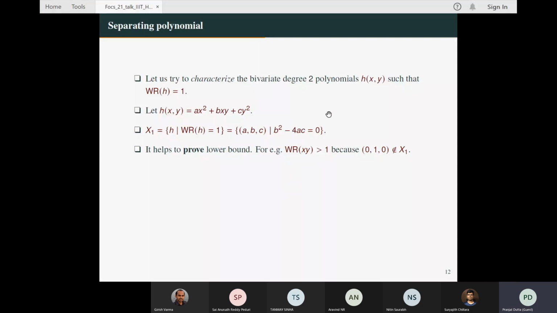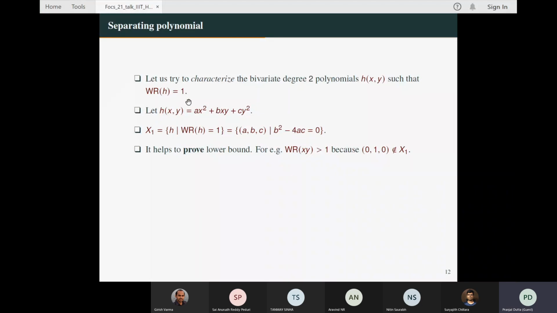It's very trivial to show that; you can just write it down and see it. It requires 2 squares. But another way to prove this is to look at this set. If it was actually 1, I know that (0, 1, 0) would be in this set, because I have characterized Waring rank equal to 1, right?